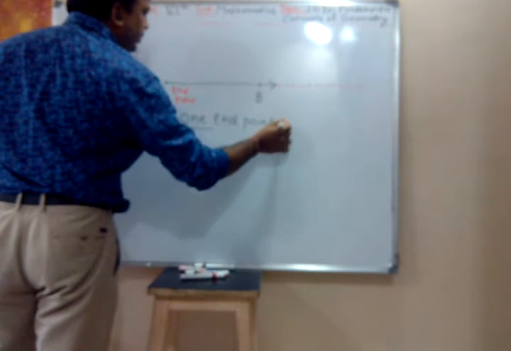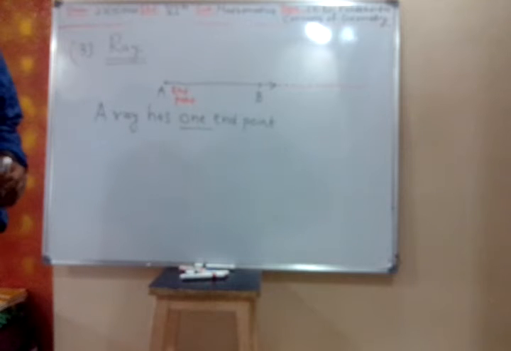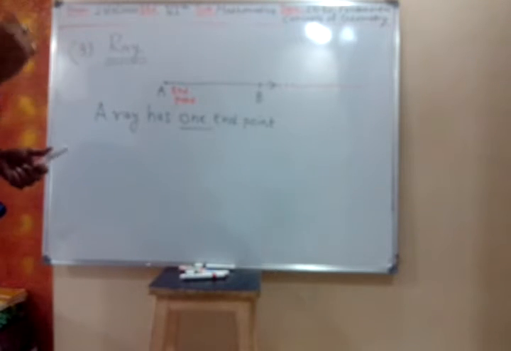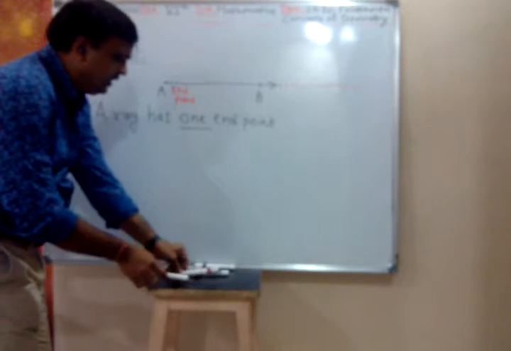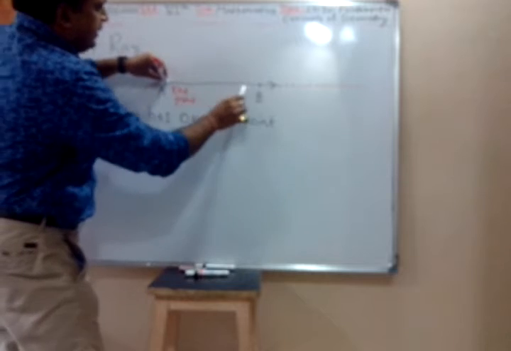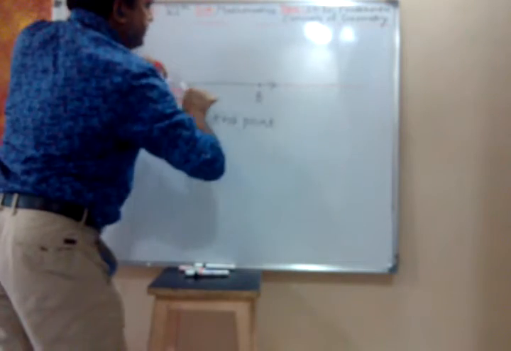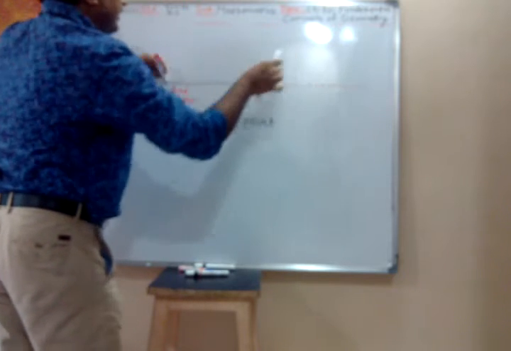Second thing, whether the length will be definite or indefinite. Can you fix the length? No, because A is fixed, but I can extend from the B side. So the length is not fixed because B can be extended.